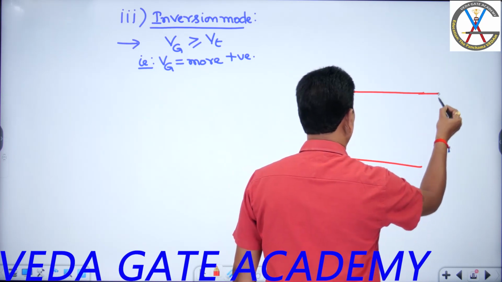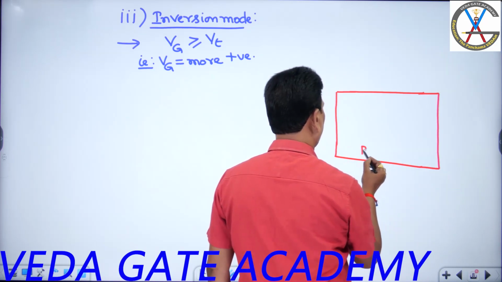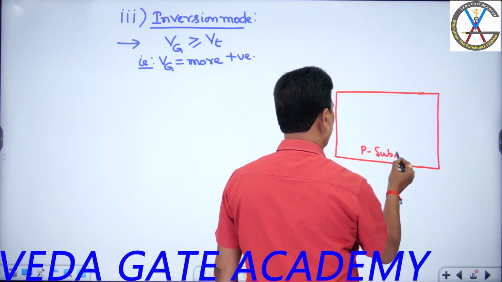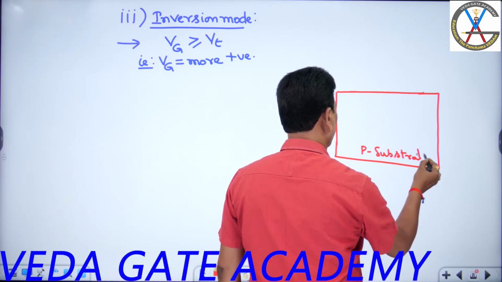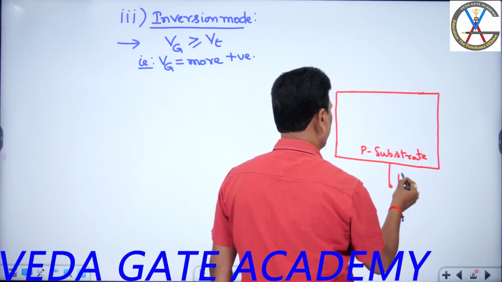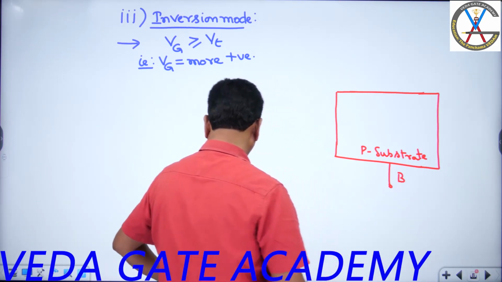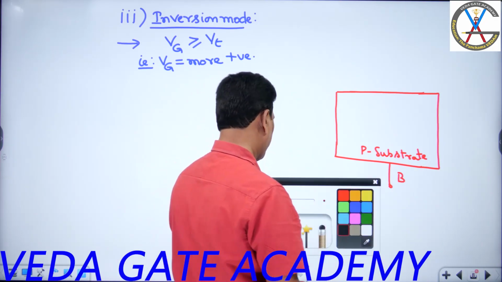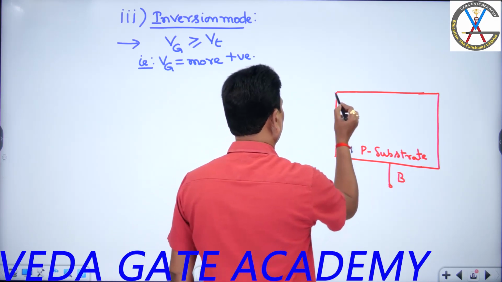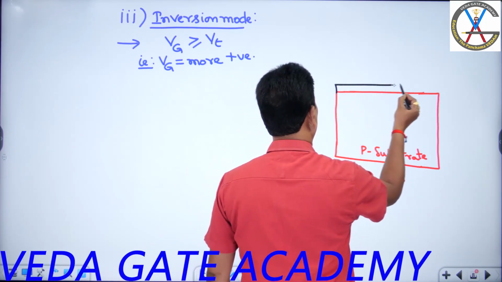So this is the body of the p-type substrate, students. This is the body terminal. Now I can go for the oxidation.